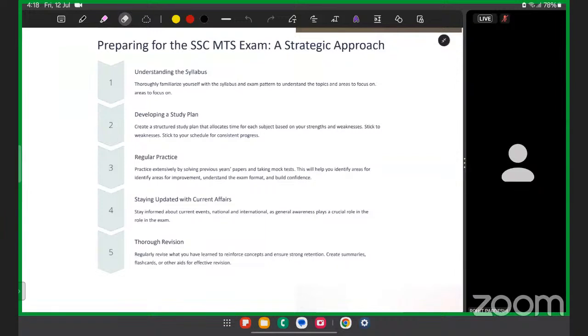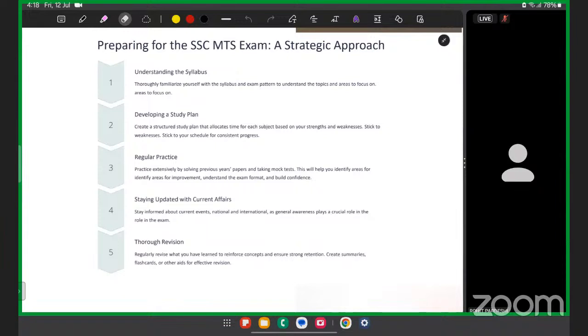Now, candidates who are targeting both the examinations, CGL and MTS, I assure you, if you complete the CGL syllabus wholeheartedly and you follow the syllabus religiously, you solve the previous year papers, you solve the mock tests, you will be 100% sure to go ahead with MTS. Because I told you the level of MTS is much lower than CGL.